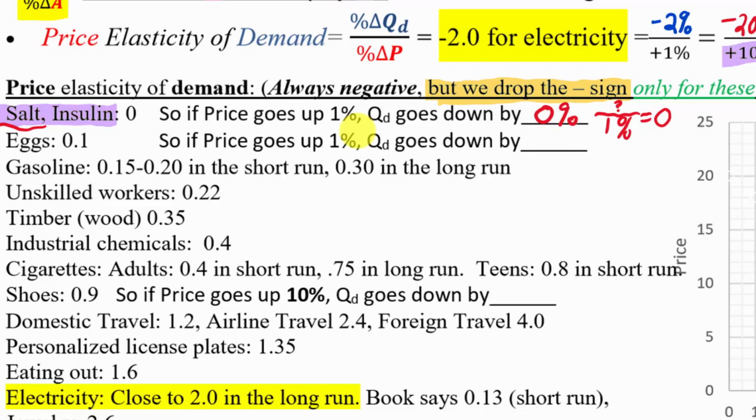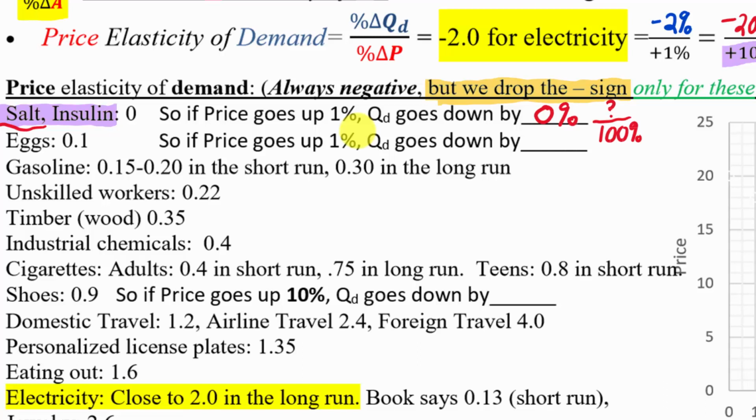A 1 pound can will last you a long, long time. So suppose the price doubled. Suppose the price went up by 100% for salt. Instead of 50 cents for a pound, the price went up to $1. That would be 100% change in the price.